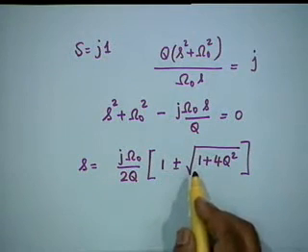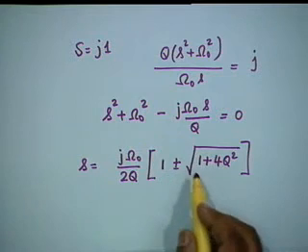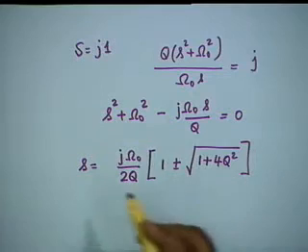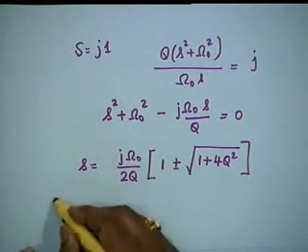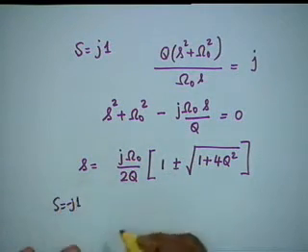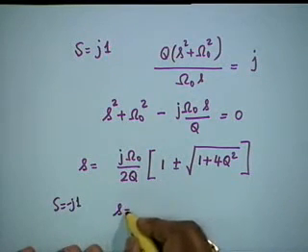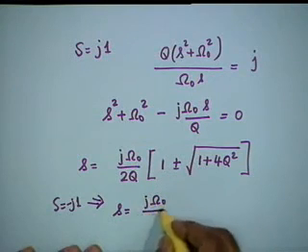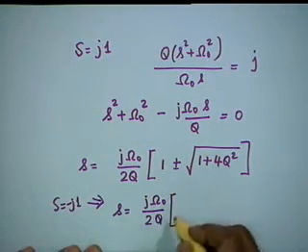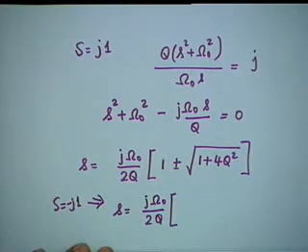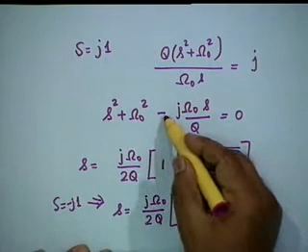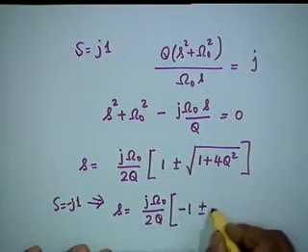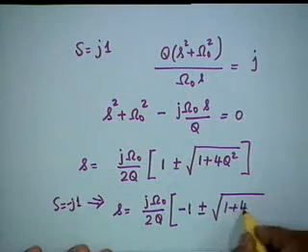Obviously, one of them is positive and the other is negative, because 1 plus 4q squared is definitely greater than 1. Okay. And similarly, if you take s equal to minus j1, then the solution would be j omega 0 divided by 2q. Instead of plus 1 here, we shall get a minus 1, because this will come with a positive sign now. Agreed? So, we shall get minus 1 plus minus square root of 1 plus 4q squared.